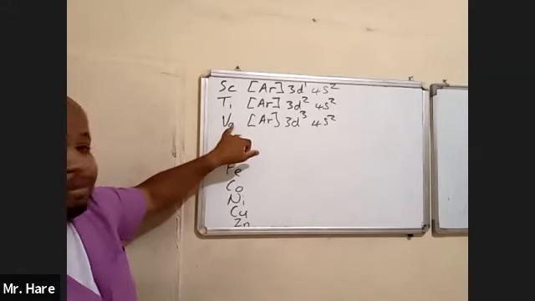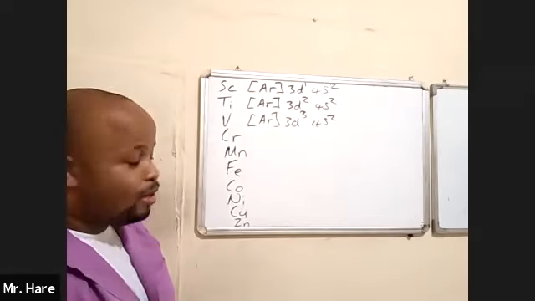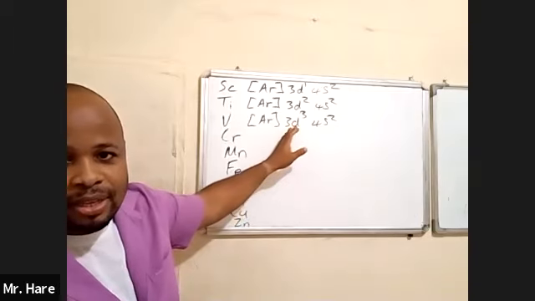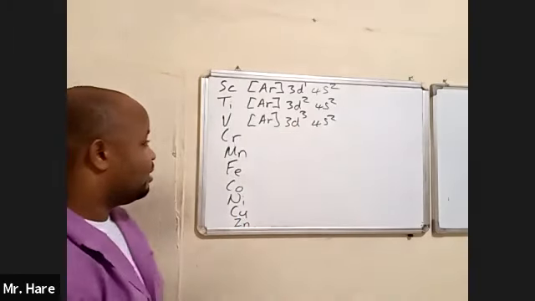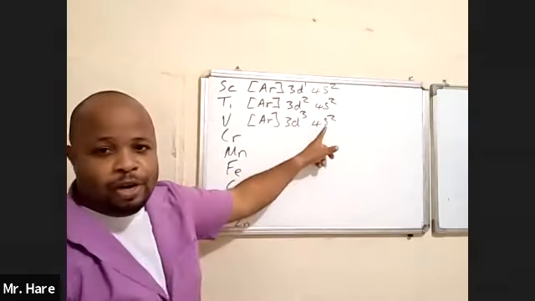Some sources, depending on where you check, place the 4s before the 3d, and I don't think it's incorrect. But in past papers, they put the 3d, then the 4s. Okay, sir, thank you.